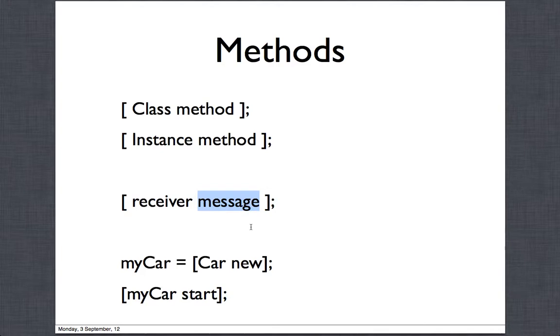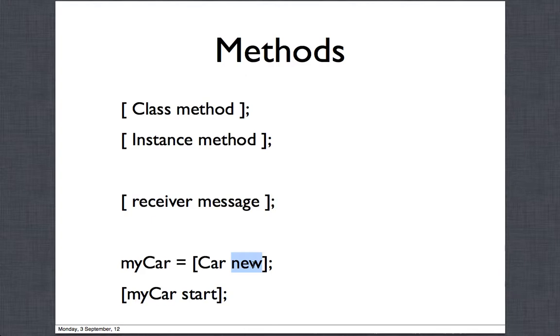In this example, I have a variable called my car, and you'd probably expect it to be an instance of a car class. And I'm calling the car class, I'm sending it a message new. And this is probably the class method, or as we used to say in C++, a static method that returns an instance of the car class.